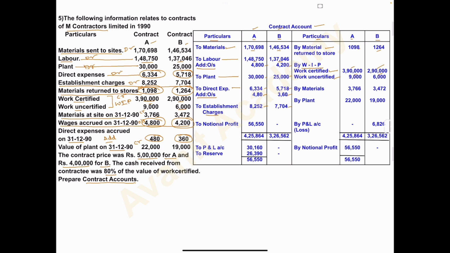Material at site on 31st December. This is the closing material. We'll take on the credit side by material, contract A 3,766 and contract B 3,472.